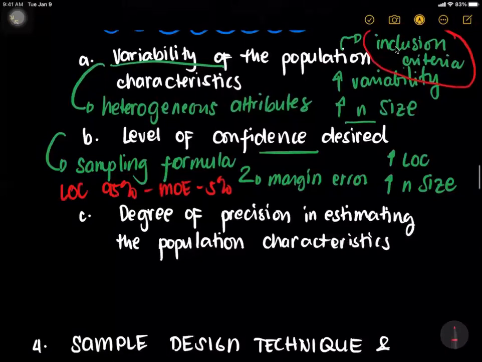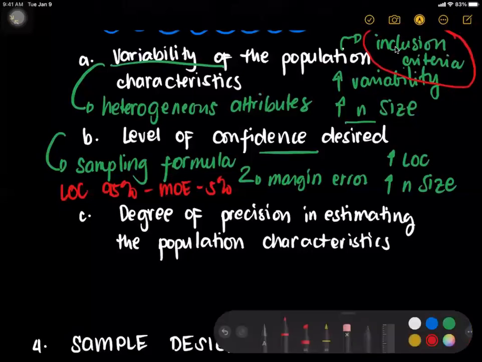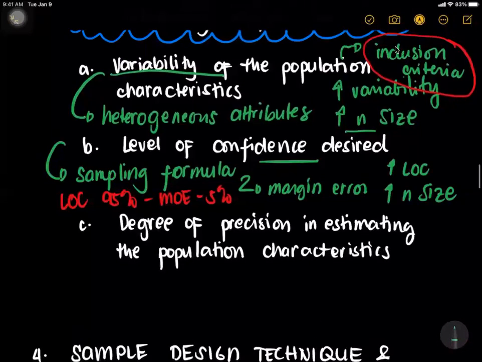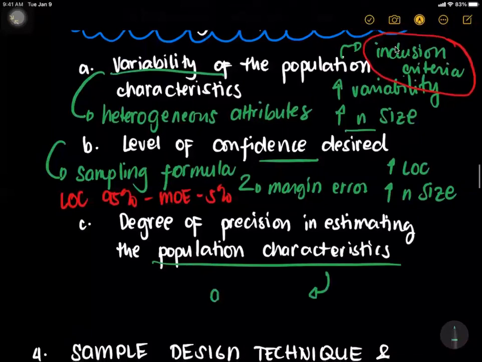And finally, the third factor is the degree of precision in estimating the population characteristics. The more precise the required sample results, the larger the sample size. So this is what I'm talking about on inclusion criteria. So population characteristics, or the characteristics here are your attributes, and it has to be set through your, okay, inclusion criteria.